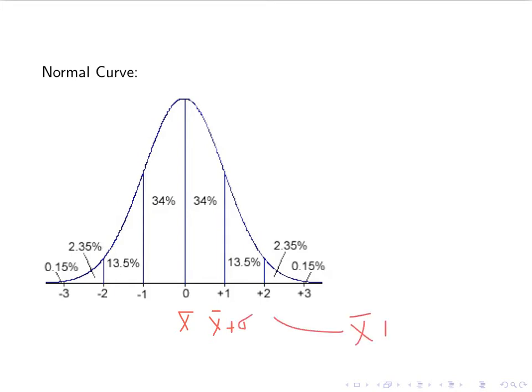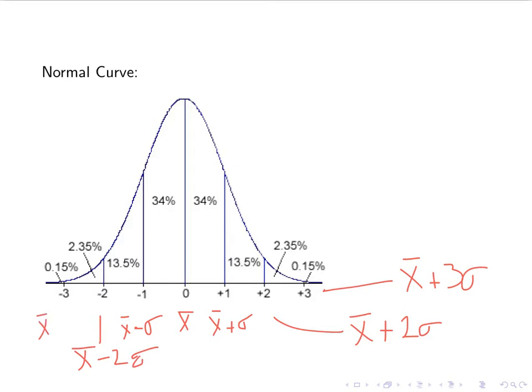Plus 2 means I'm adding 2 standard deviations. Plus 3 means I'm adding 3 standard deviations. And to the other side, it means I'm subtracting. So these numbers are just telling me how many standard deviations I'm subtracting.